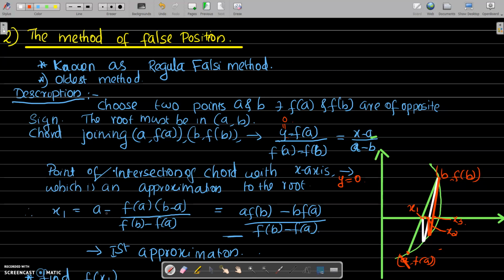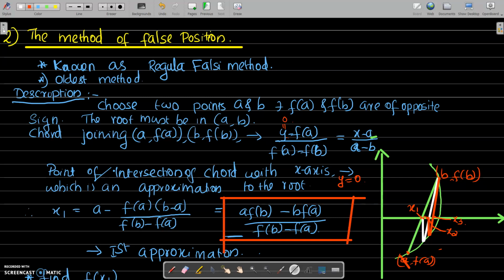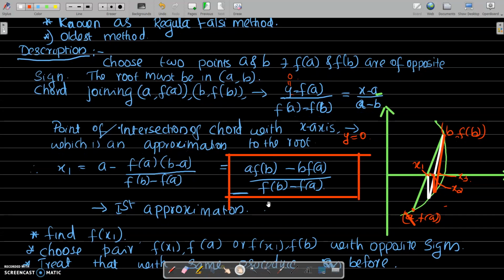The formula is a minus f of a into b minus a divided by f b minus f a. അപ്പോൾ അതൊന്ന് സോൾവ് ചെയ്ത് കിട്ടിക്കഴിഞ്ഞാൽ we will get this formula, that is a f of b minus b f of a divided by f b minus f a. This is the formula to find out each approximated root.